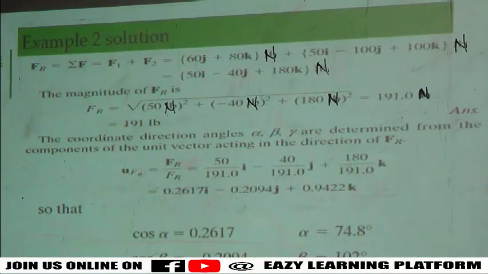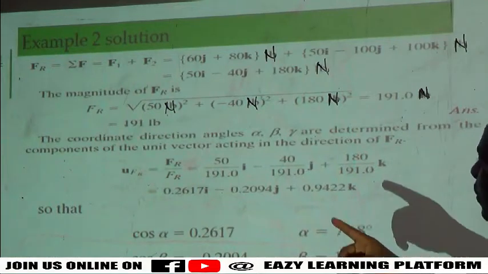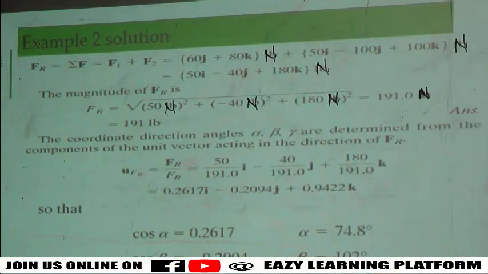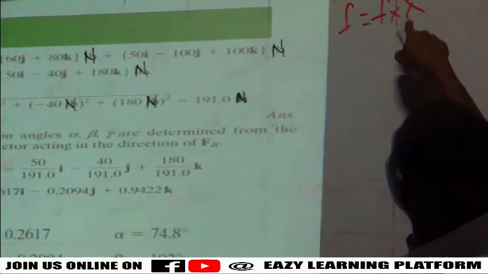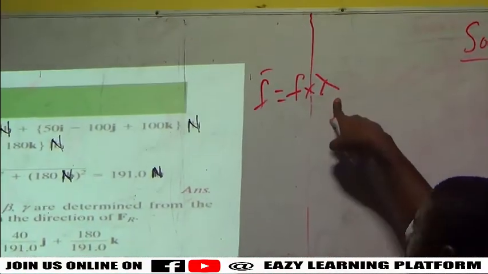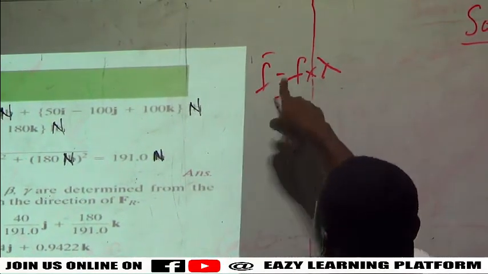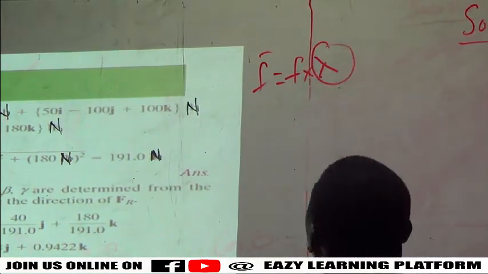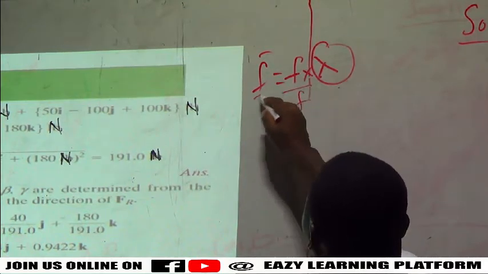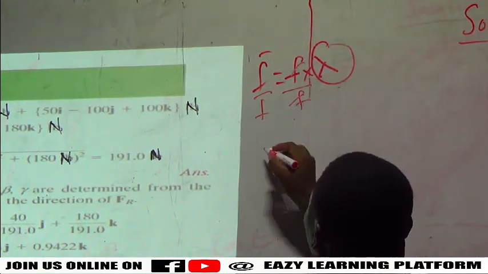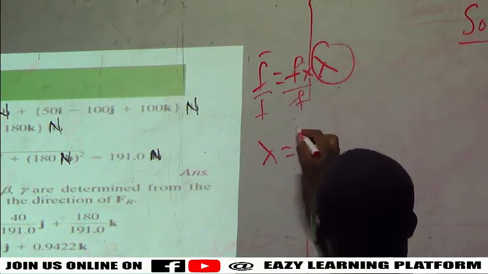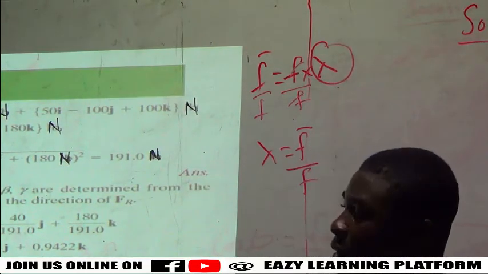The coordinate direction angles alpha, beta, gamma are determined from the components of the unit vector acting in the direction of FR. We know that the force vector is equal to the magnitude of the force times lambda, and lambda is the unit vector. So we divide by F, and the unit vector lambda is equal to the force vector over the magnitude.